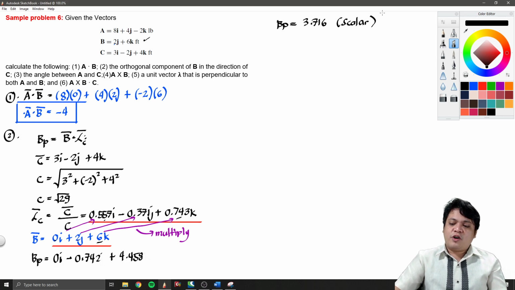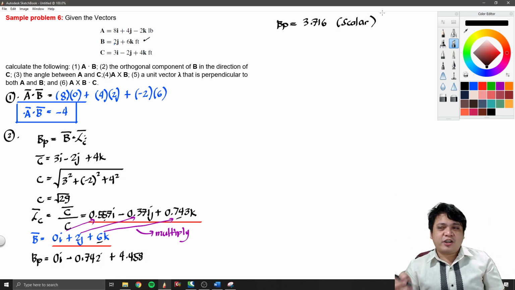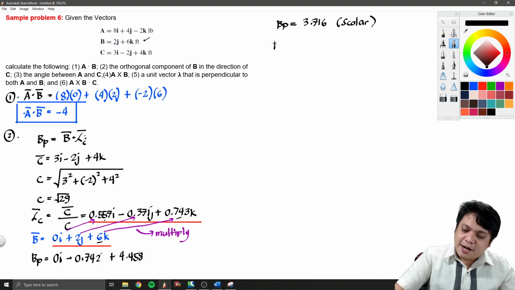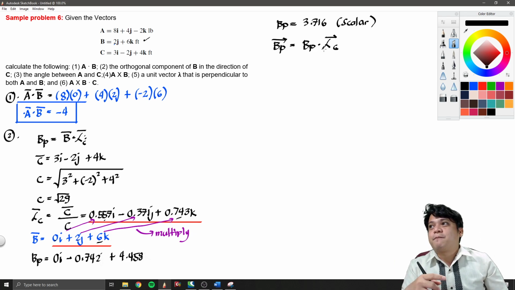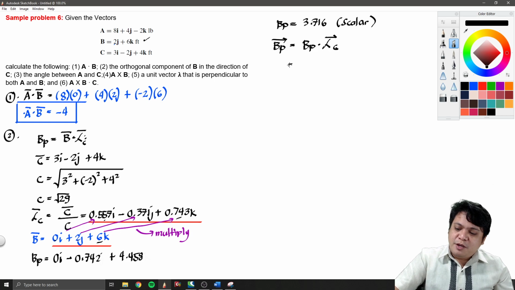Okay. So, ngayon, para maging vector yan, kasi ang kailangan natin is in the direction of the vector, para makuha natin yung pinaka-vector form yan, ang gagawin natin, ipa-product natin si BP dun sa ating lambda C. Kasi yung lambda C, kung parallel yan doon, ibig sabihin, doon din yung direction niya. Okay? So, yung BP natin, so that is 3.716.